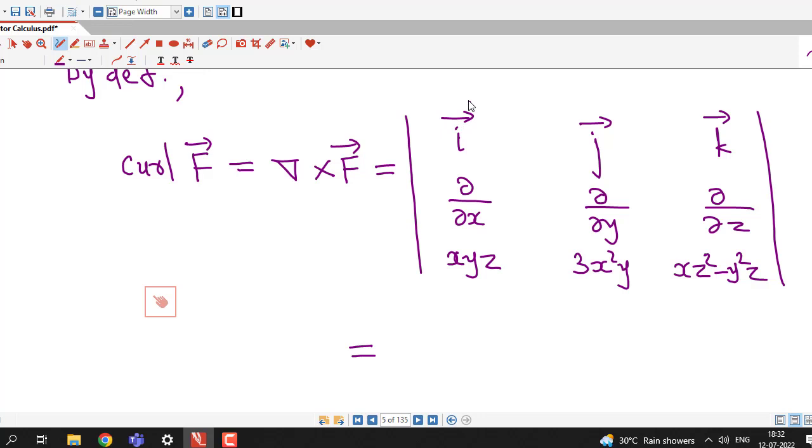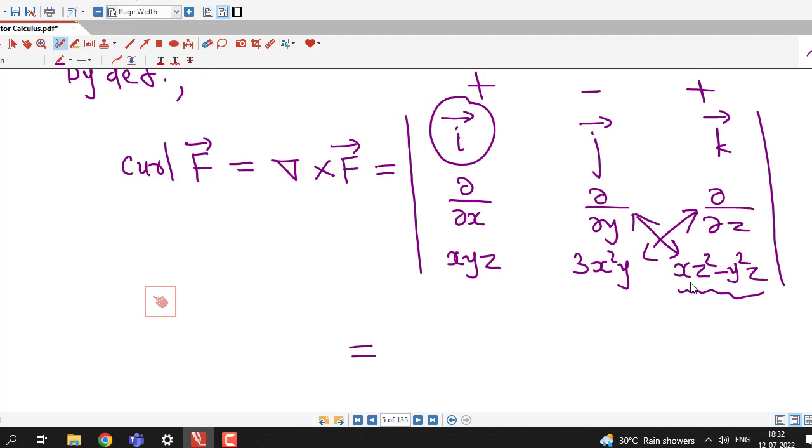So we consider this type of signs: plus, minus, plus. So i times determinant of this quantity. So partial derivative of x z square minus y square z with respect to y, and we will consider x and z as constant.